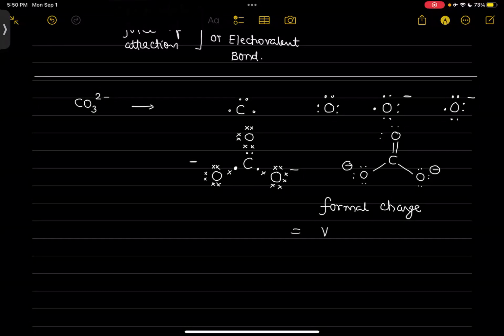It is the total number of valence electrons which the element has, as per the atomic number, minus the bonded electrons, minus the lone pair electrons.